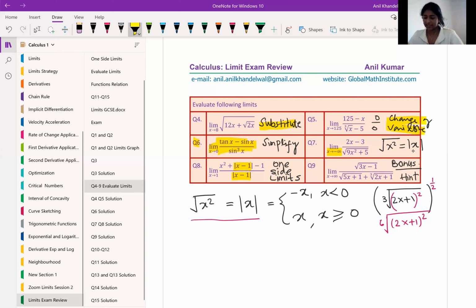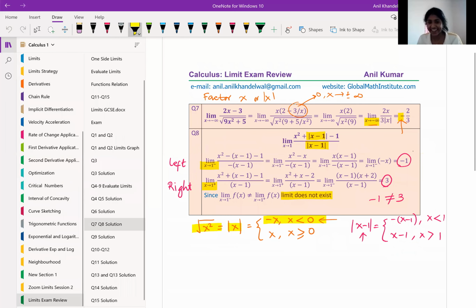Then, this is the key point, the square root of x squared is the absolute value of x. So on the numerator you get x bracket 2 minus 3 over x, over minus x.